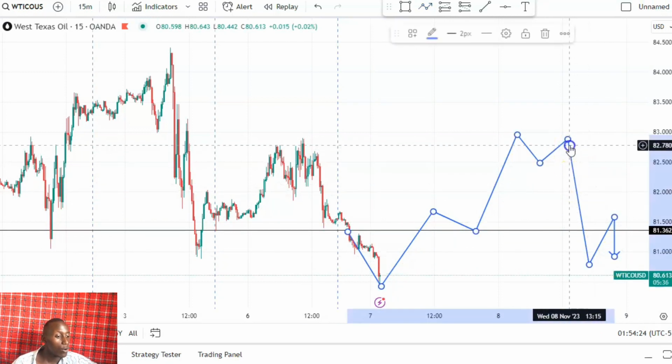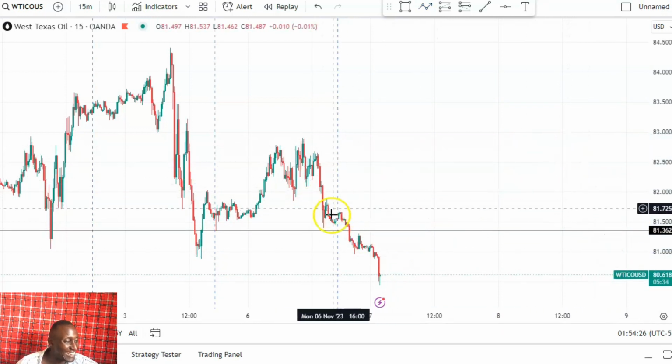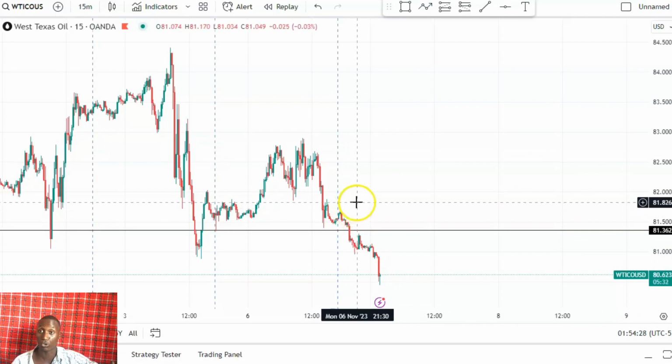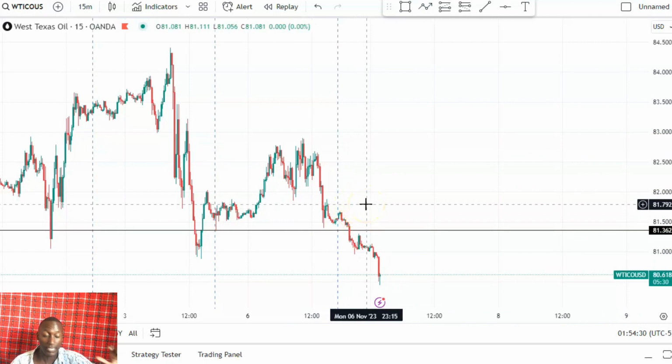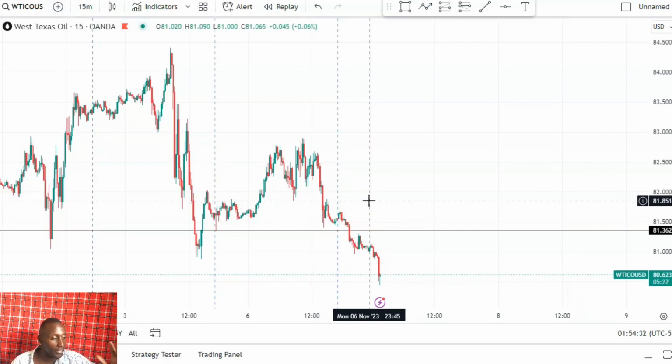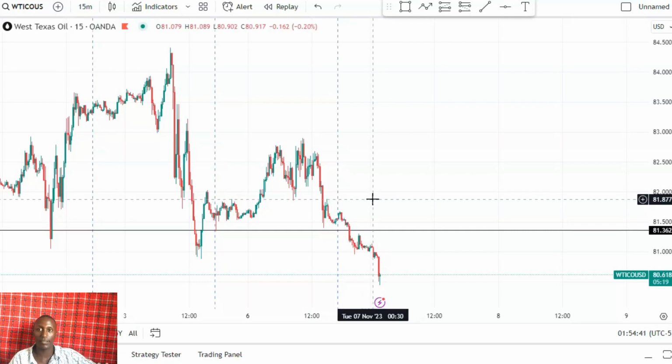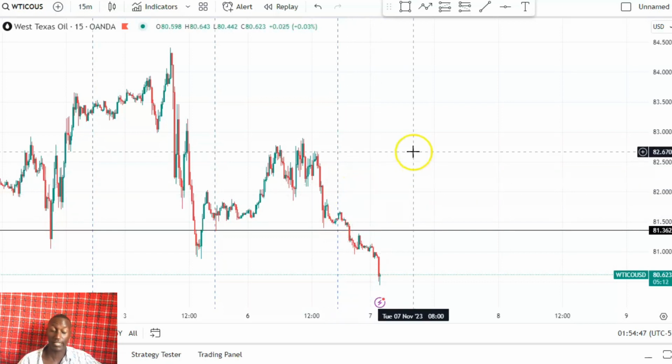So that is how important the end of day close is in terms of identifying your bias. If you have a bias, then it's just for you to find a way to find the best price to get in, or the best place to get your buys or sells.